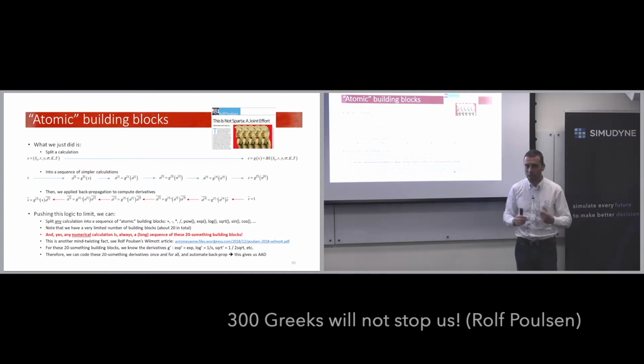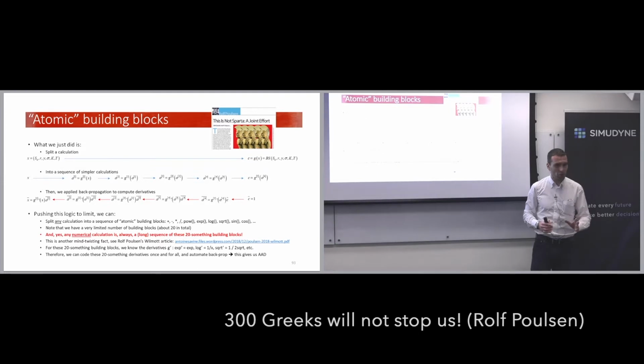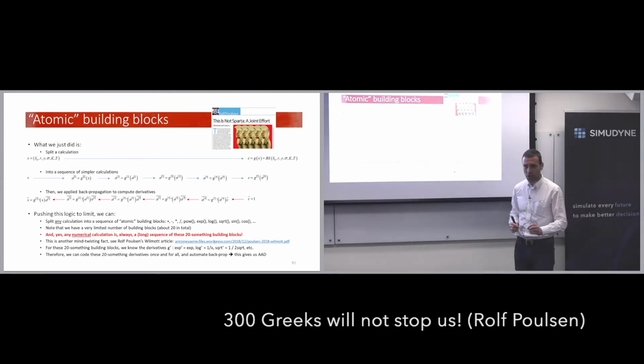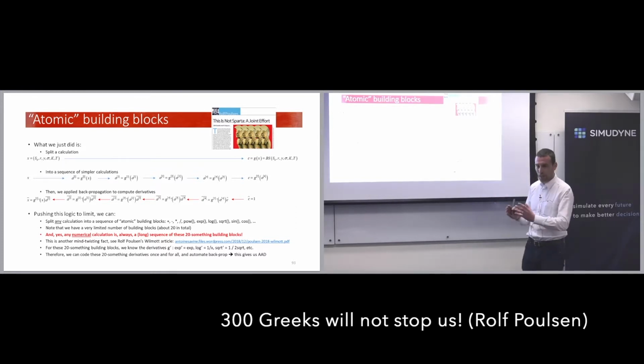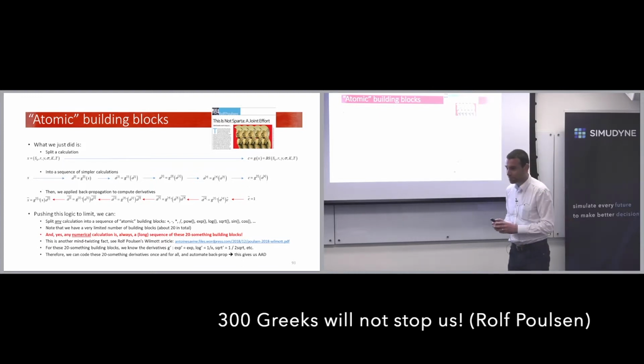He called it "This is not Sparta," because 300 Greeks will not stop us. So I really recommend it. It's non-technical, but it's funny, and it shows quite well what's mind-twisting about AAD.